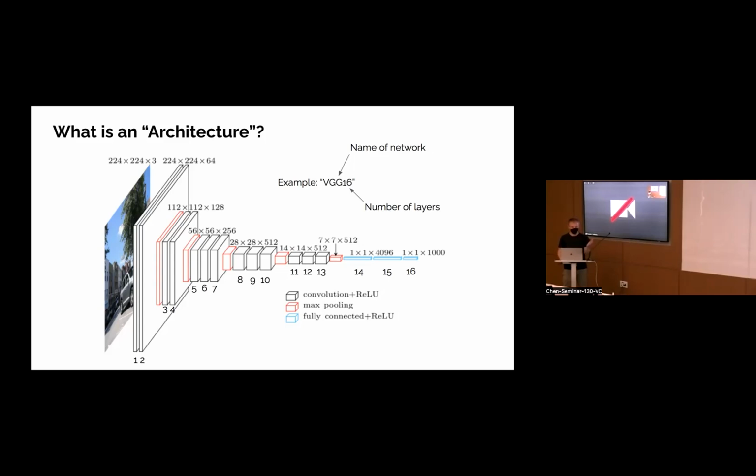When we say architecture, network, backbone, we're usually talking about the same thing. It's the set of convolutional layers that get you from an image input to a feature vector that's, say, 1,000 features long.